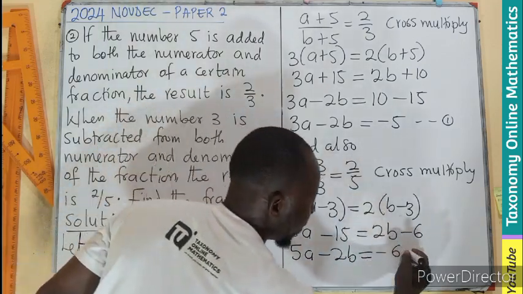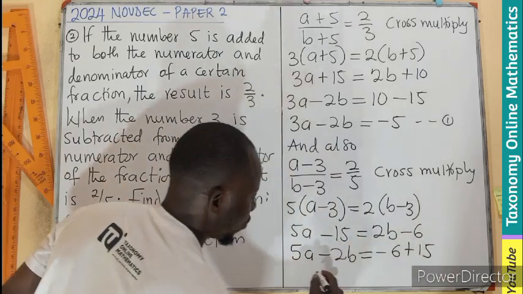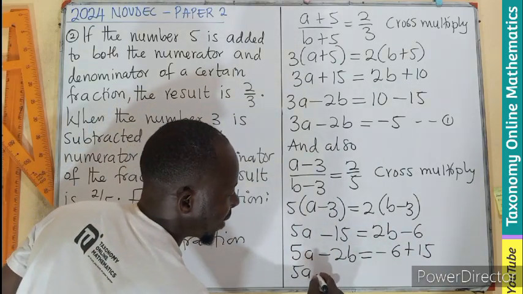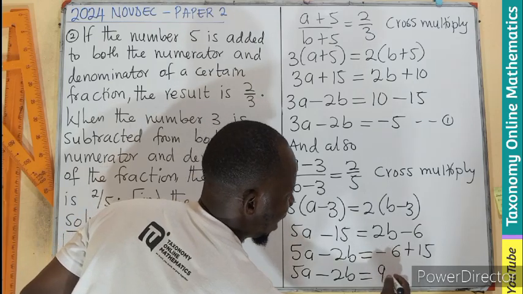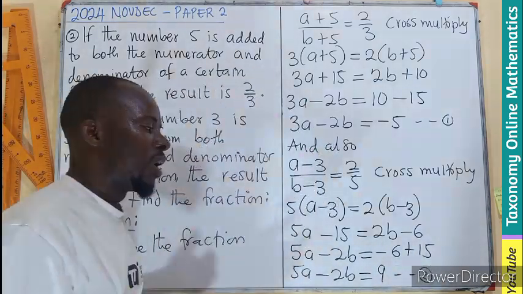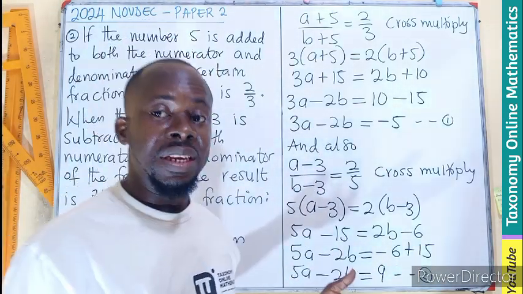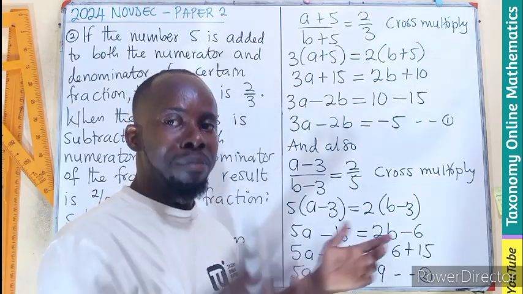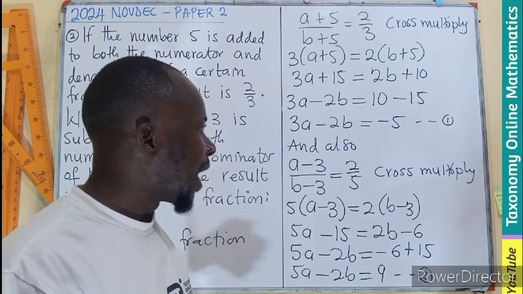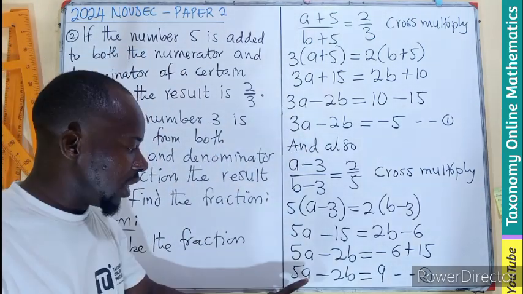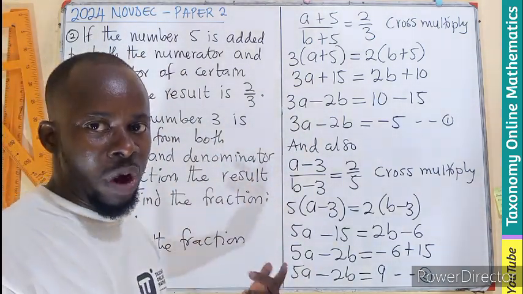5a minus 2b equals to minus 6, this is coming as positive 15. So as you have 5a minus 2b equals 9, right? Equation 2. Negative 15 plus 15 is more or less 15 minus the 6, and 15 minus 6 will give you 9. So now we have equation 1, equation 2, both of 2 unknown variables.